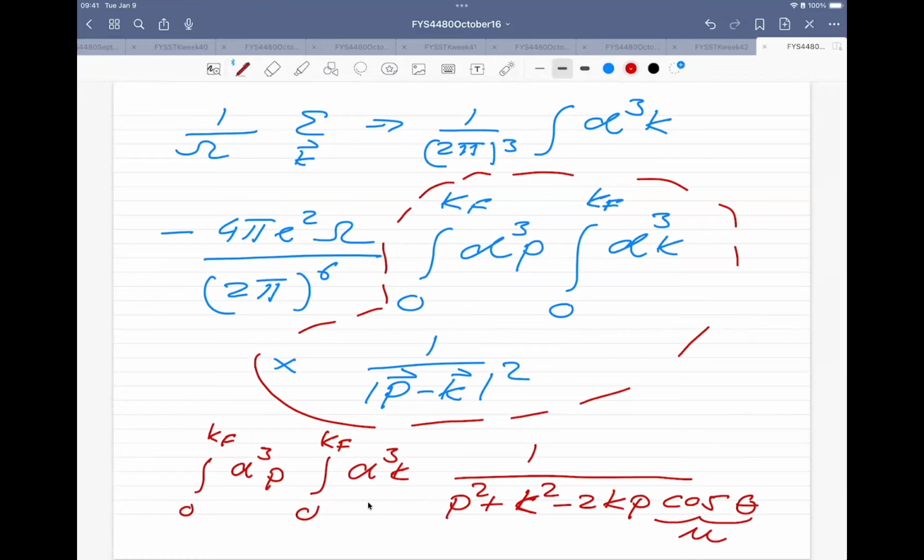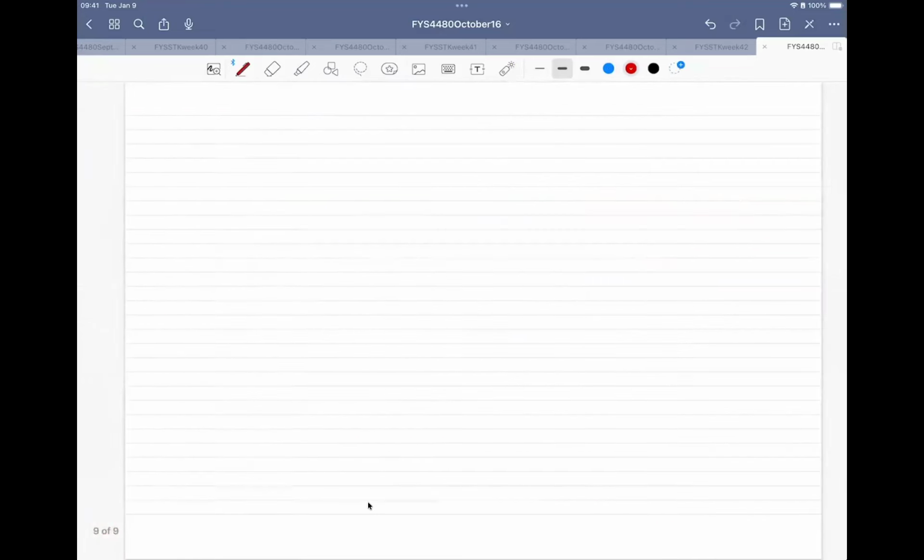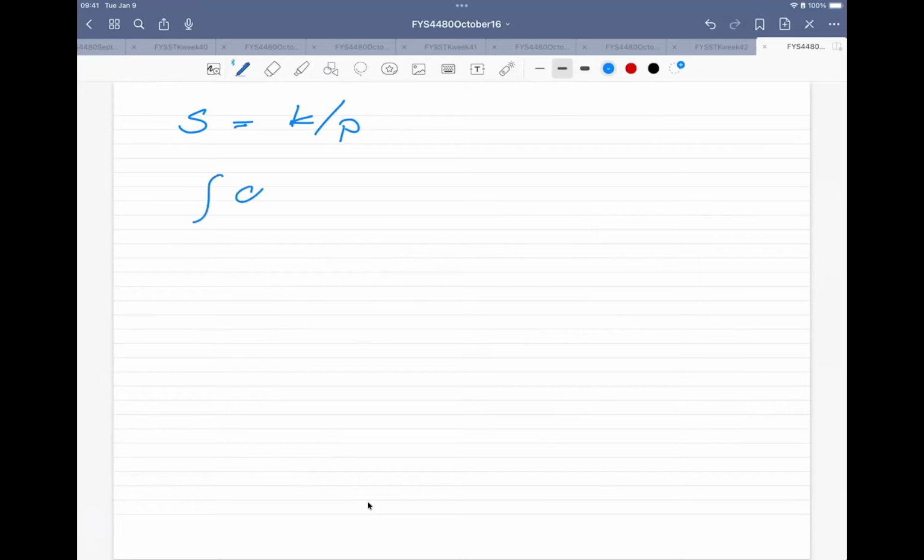Okay. So let's take a closer look then. And we are going to define a new variable, which I'm going to call s, which I call for k divided by p. That means that I can rewrite this integral as a d3p, I'm skipping the limits, plain laziness here, p squared.